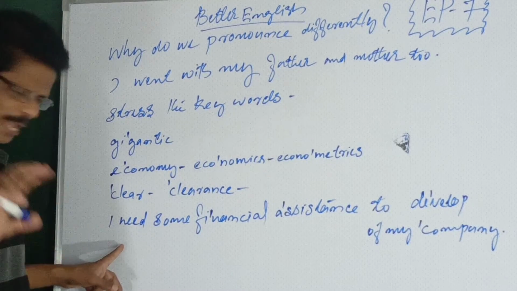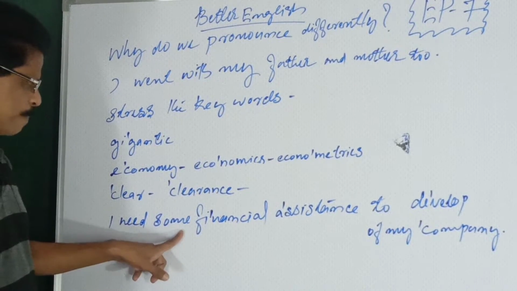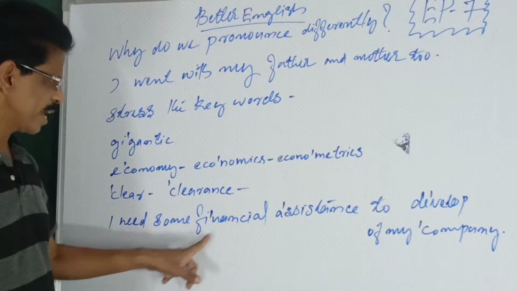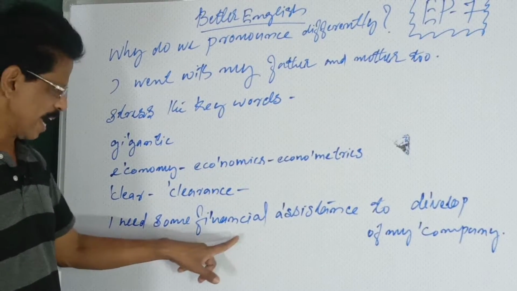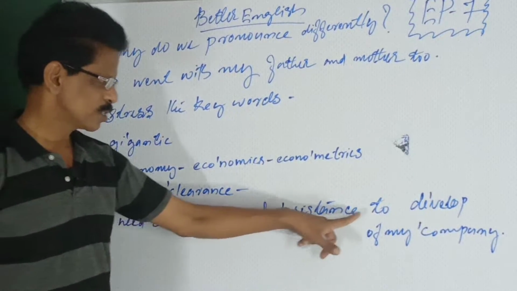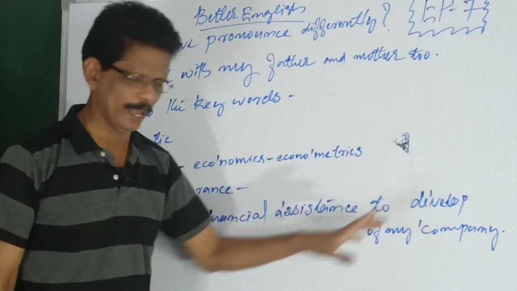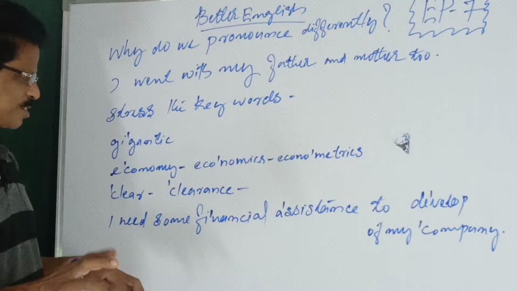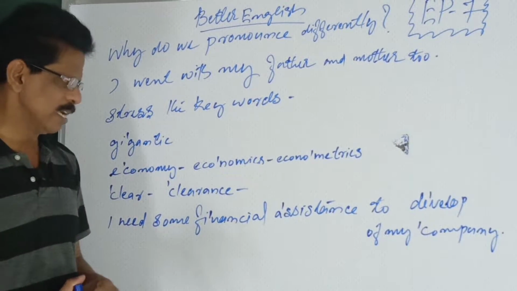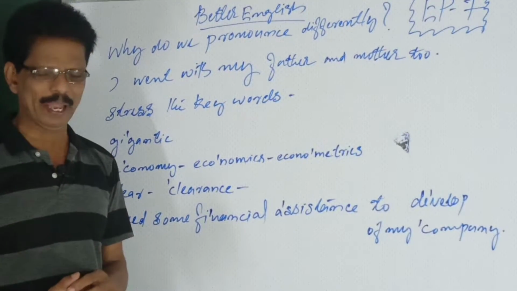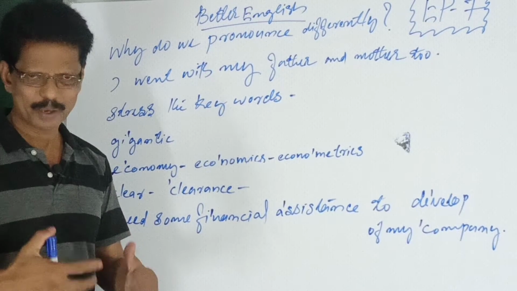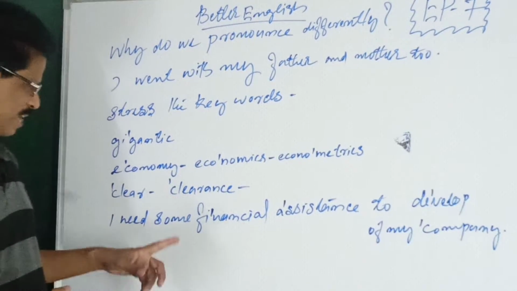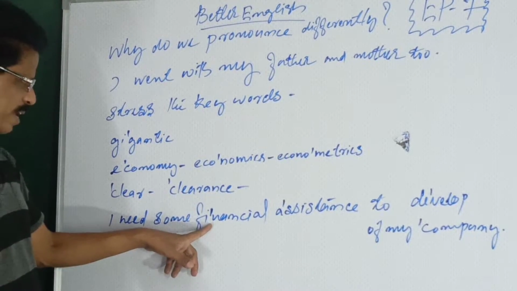First I read plain: I need some financial, or financial, both are right, financial assistance to develop my company. So you are telling someone, I need some financial assistance to develop my company. So improve your method of telling. Understand where stress should be given.